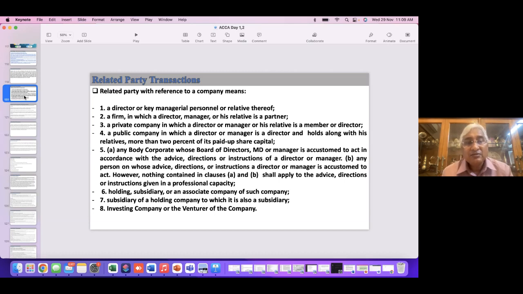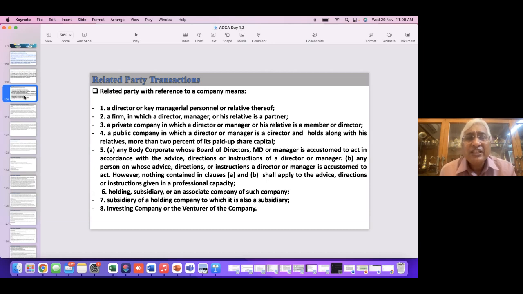So holding, subsidiary or an associate company of such company, subsidiary of a holding company to which it is also a subsidiary, so step down subsidiary basically, an investing company or the venturer of the company. So it's a wide list of persons or entities who can be considered as a related party. Say a KMP is my relative, so that is again also a related party. KMP stands for key managerial personnel.